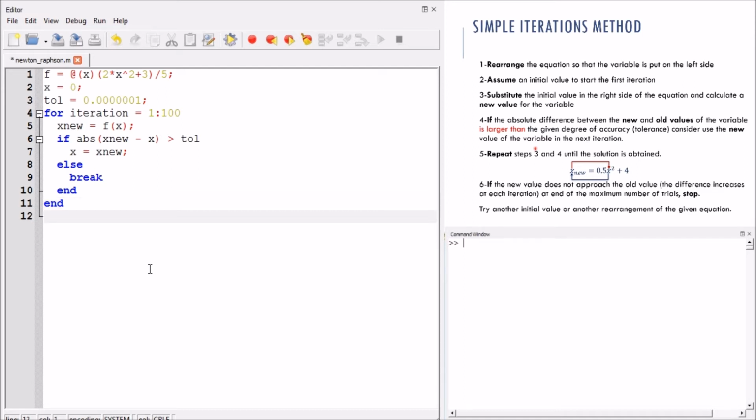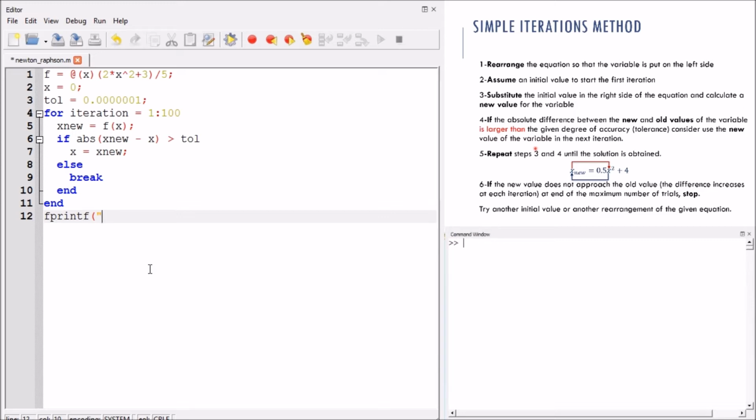Now let's display both values. We can say fprintf. This is a function for outputting results or anything in MATLAB Octave.